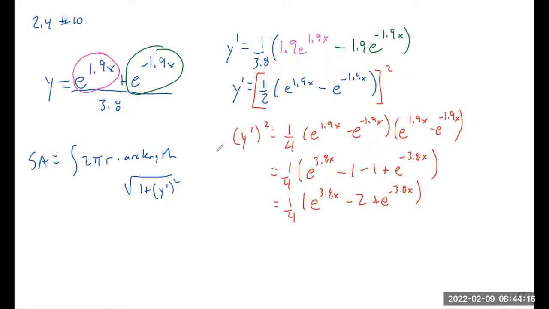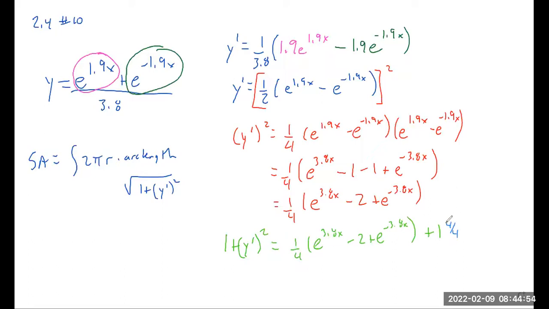Okay, so if I add 1 to this, then do 1 plus y prime squared. That's all of this stuff. So let me just go ahead and rewrite all that. Plus 1. But now I want to try to simplify this a little bit. So I'm going to get a common denominator. That 1 is the same as 4/4, right?